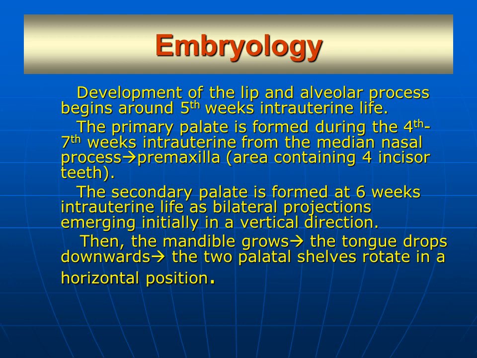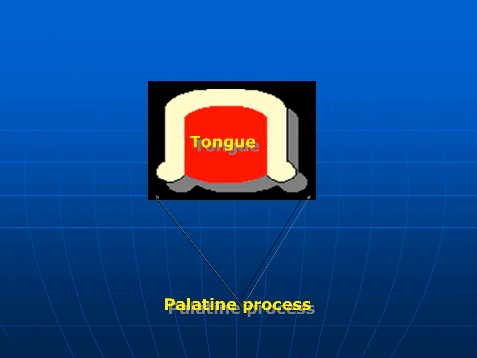After the formation of the secondary palate, the mandible will start to grow. Then the tongue will drop downwards. The dropping of the tongue will allow the two palatal shelves, which were present in a vertical position, to rotate into a horizontal position. The red part represents the tongue.